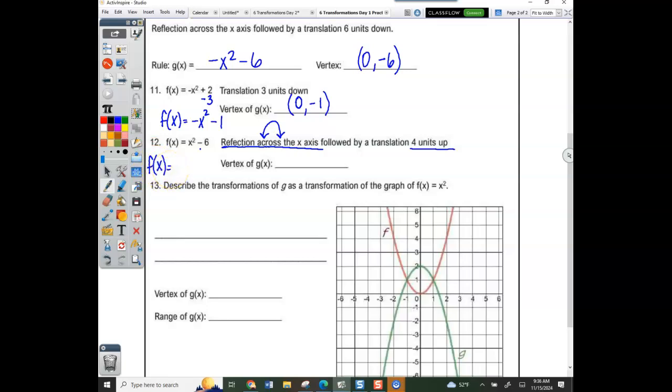You're gonna add 4 here. What else do we adjust? Negative x squared. So what do I write here? -2. Right? So what's the vertex? 0, -2.